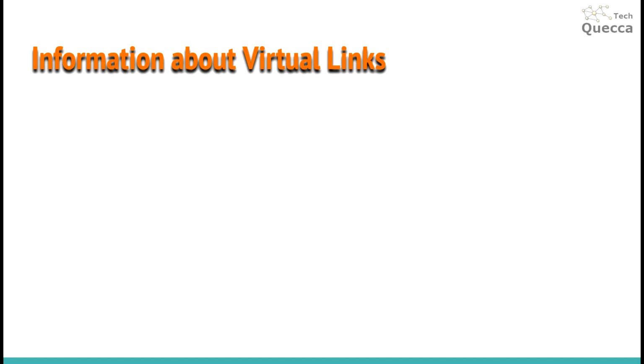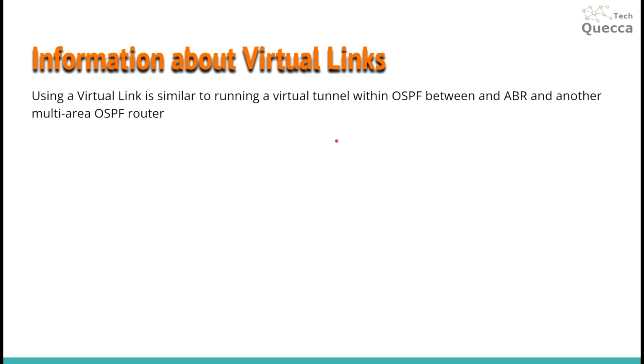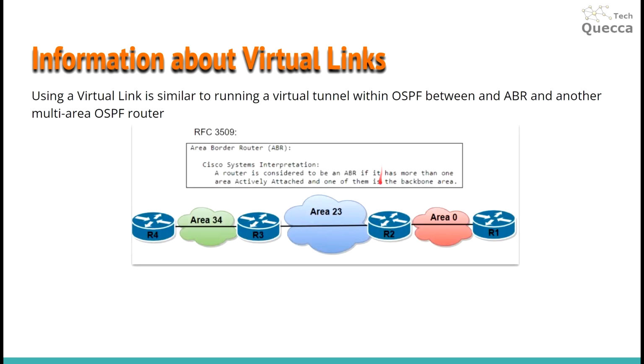Let's review some information about virtual links. First, we can consider a virtual link as a kind of virtual tunnel within OSPF between an ABR and another multi-area OSPF router. For example, in this case, this router is an ABR because as per RFC 3509, a router is considered to be an ABR if it has more than one area actively attached and one of them is the backbone area.